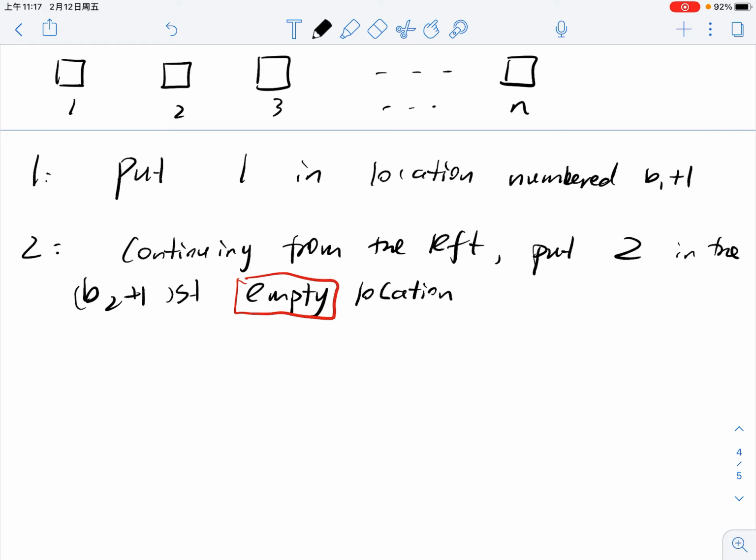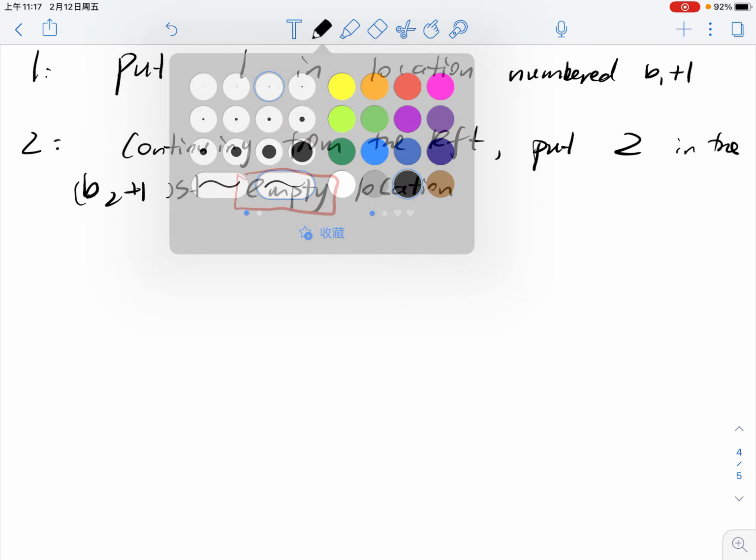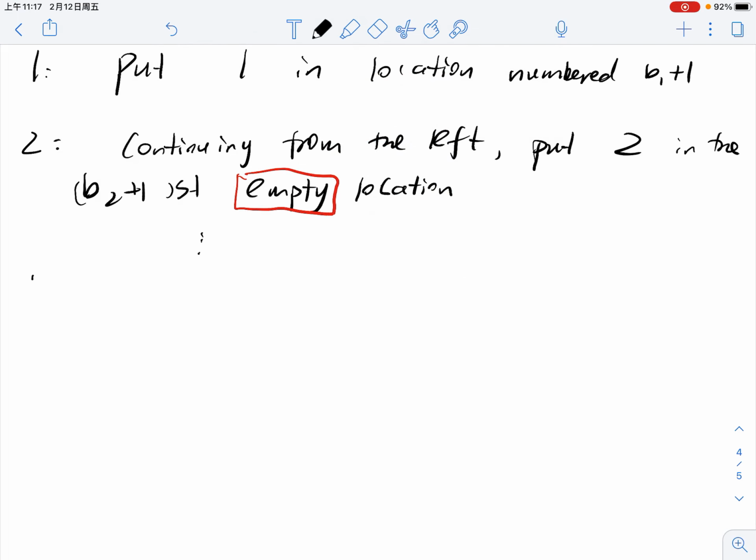For example, if the position for 1 is before b2 plus 1, then you need to add 1 more position. So you should put 2 in b2 plus 2. And keep on going in the case step. So, oh, sorry. Here's counting.